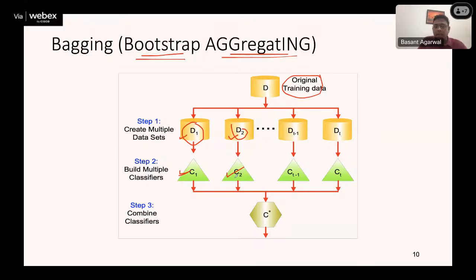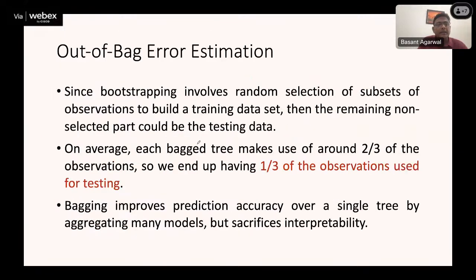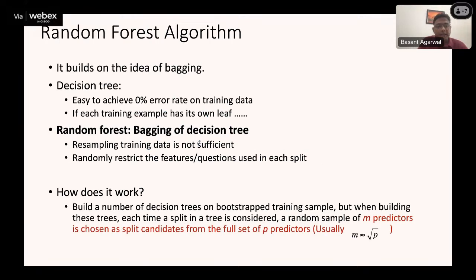It is likely that we may have similar kinds of trees. So the bootstrapping method in bagging, creating different subsets of the data, may not work as it is in random forest. That is why we do subsampling in the features as well, and we do manipulations in the features itself.